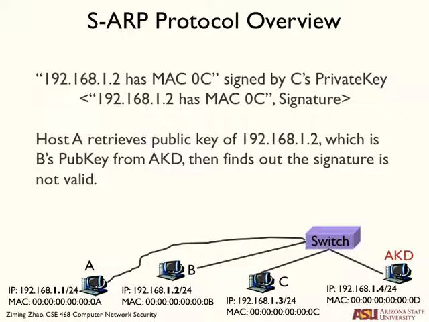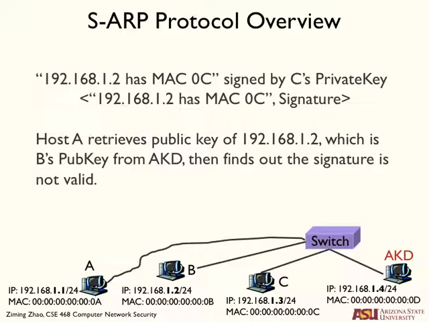So if an attacker, let's say C, wants to attack this, C will send out that IP address 1.2 has a MAC address 0C. But he has to sign this with its own private key because C doesn't have B's private key. So the packet will look like this: 1.2 has MAC address 0C and a signature signed by C's private key.